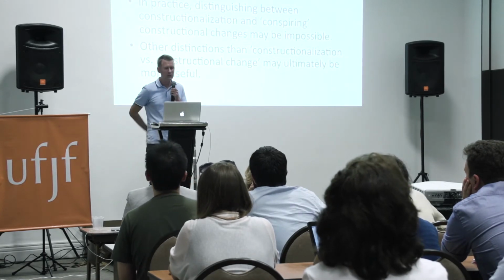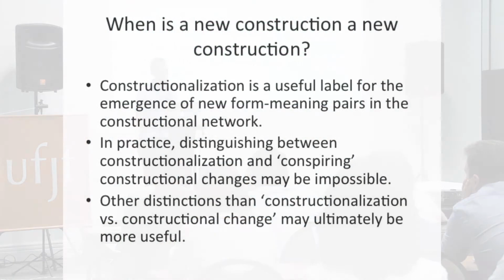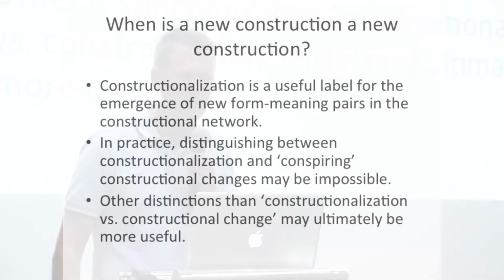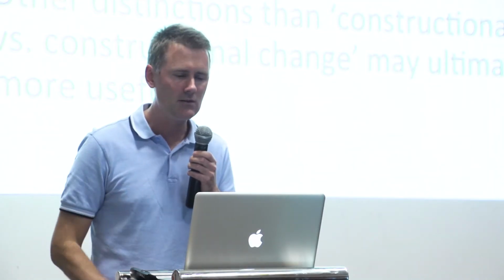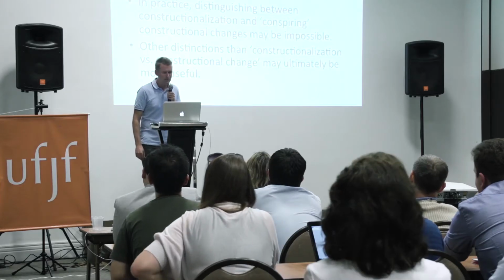I'm not saying that we should get rid of the label constructionalization. I think it's a useful label for the emergence of new form-meaning pairs in the constructional network, if that's what you want to describe. But in practice, distinguishing between constructionalization and what we could call conspiring constructional changes, that may well turn out to be impossible.